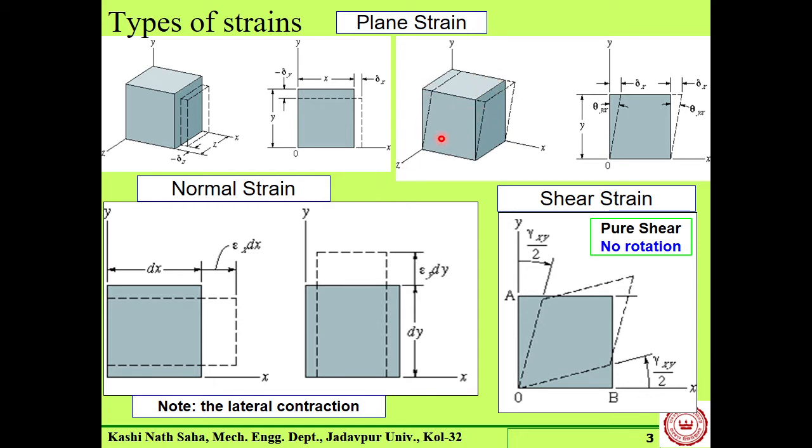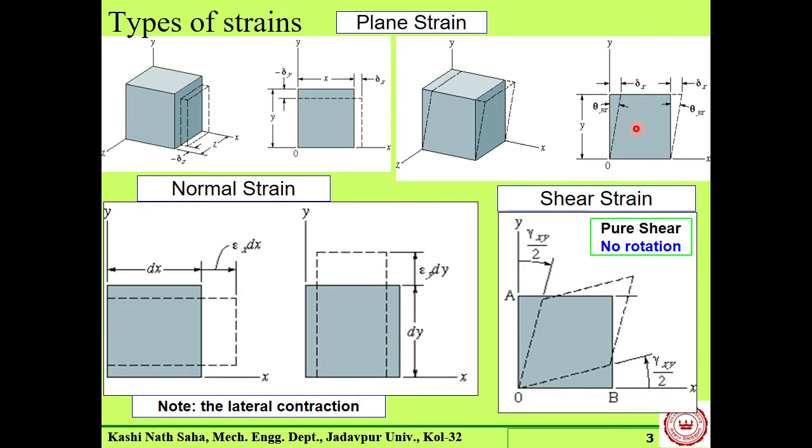If we take a view from here, this is what we get, right? So this is sheared. The rectangle has taken this particular shape, or some sort of deformation is there.